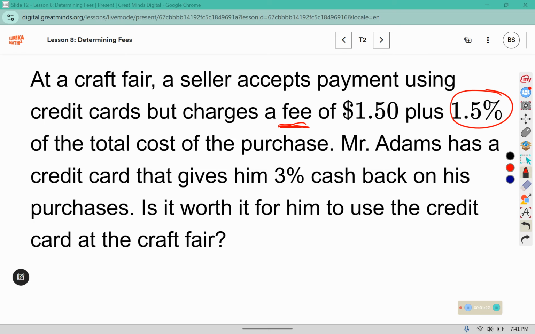When a credit card company offers cash back, it means that they are giving the credit card user a percent of the amount that was charged to the credit card. We're going to explore this question in more detail towards the end of lesson 8.